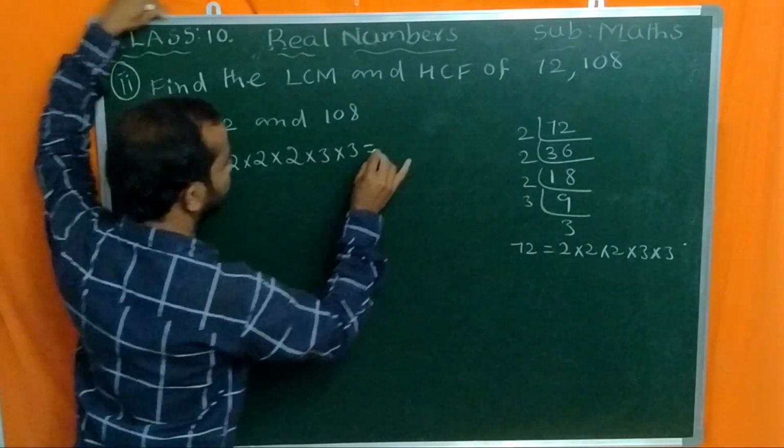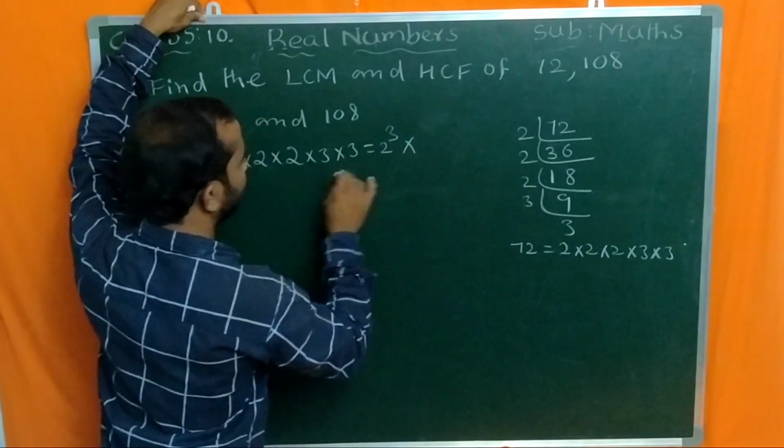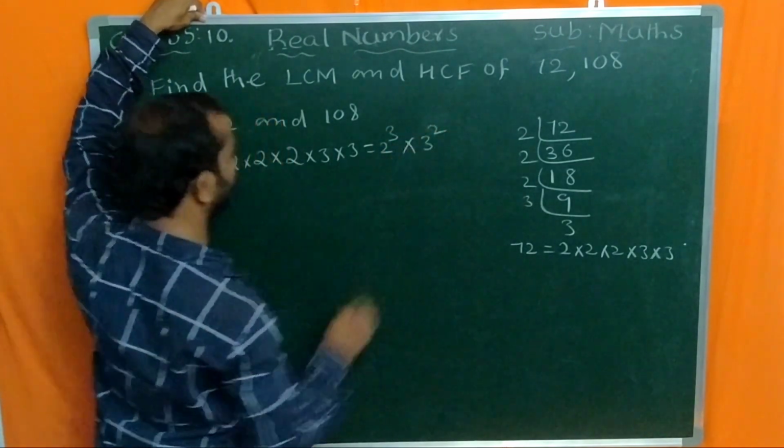So 2 appears three times, which is 2 to the power of 3, and 3 appears two times, so 3 to the power of 2.